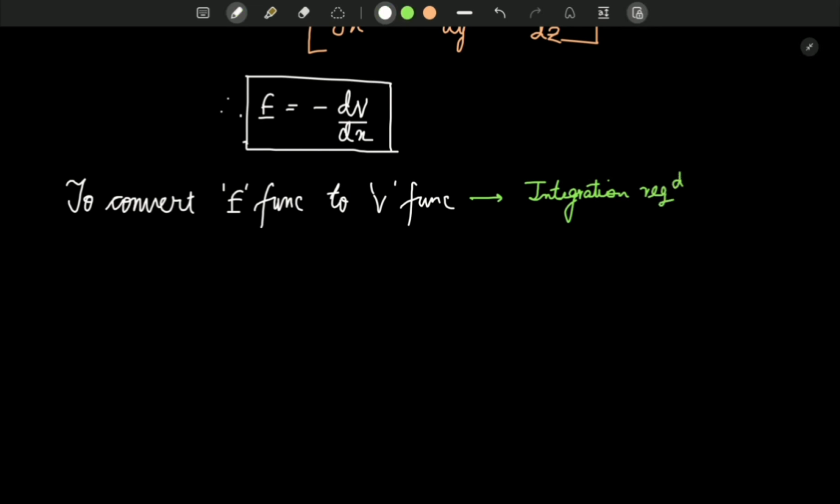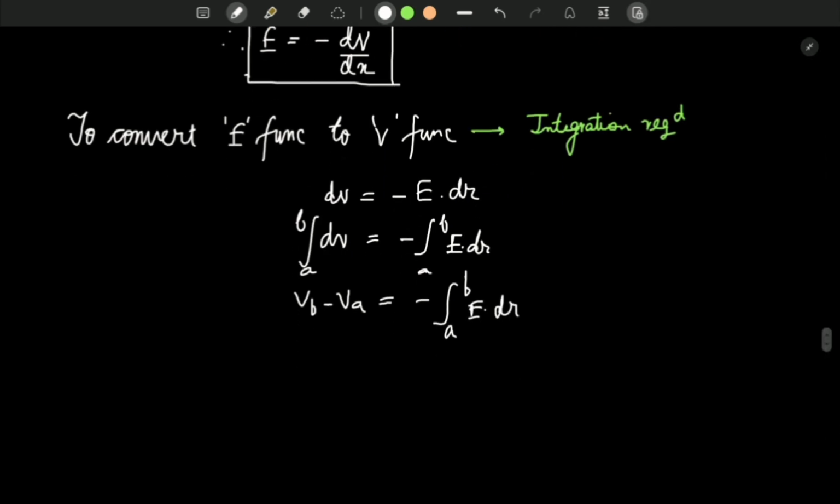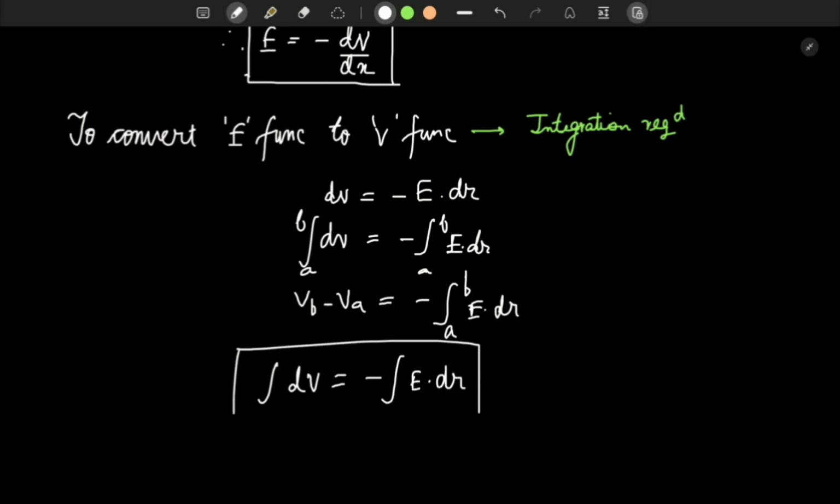So I can write dV equals to minus E dot dr. So I am integrating dV from A to B equals to minus integration A to B E dot dr. So VB minus VA equals to minus integration of A to B E dot dr. So if there is only one variable, I can say that integration of dV equals to minus integration of E dot dr or dx, depending on what coordinate I have used.